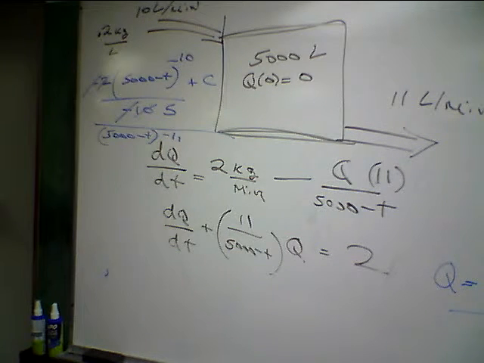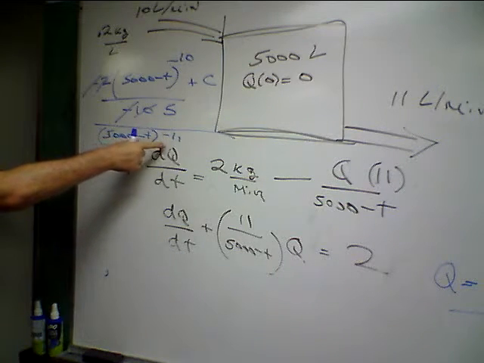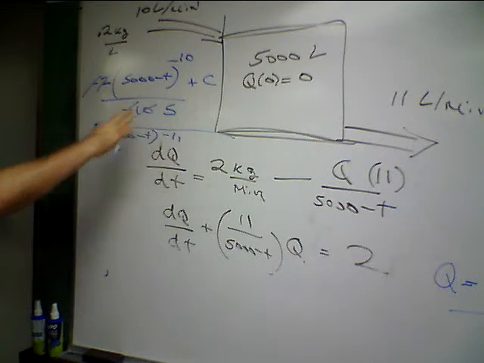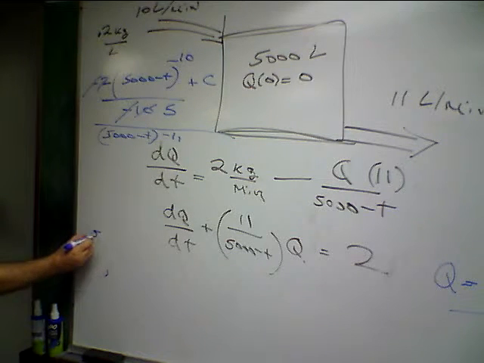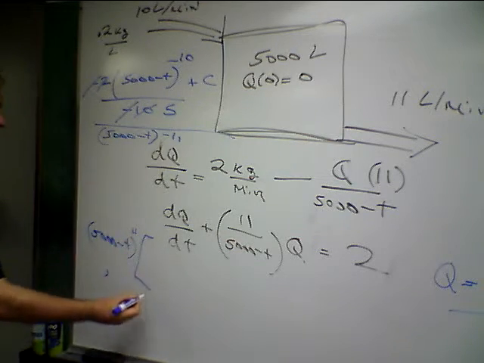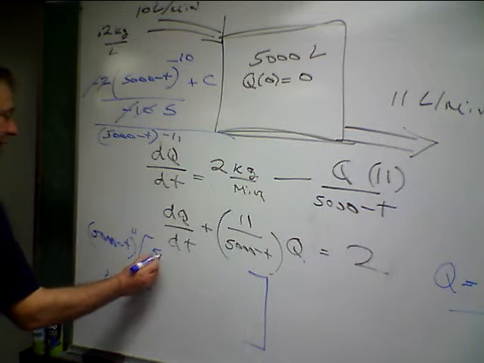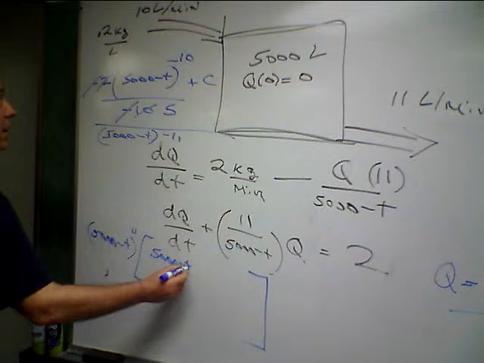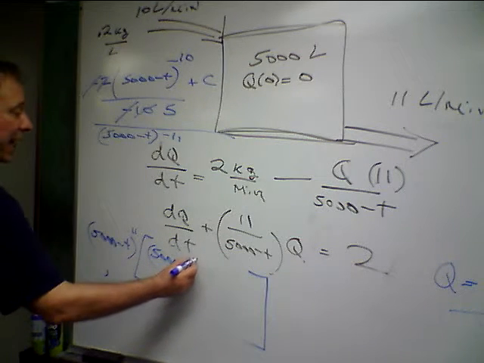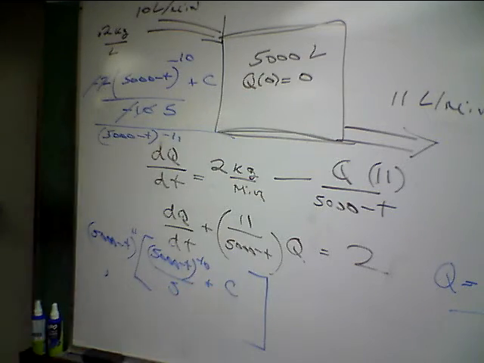Okay, so let's see what we get. When you divide by this to the negative 11, it's like multiplying by it to the 11. So in other words, you're going to get 5,000 minus t to the 11th power times 5,000 minus t to the negative 10 over 5 plus c.